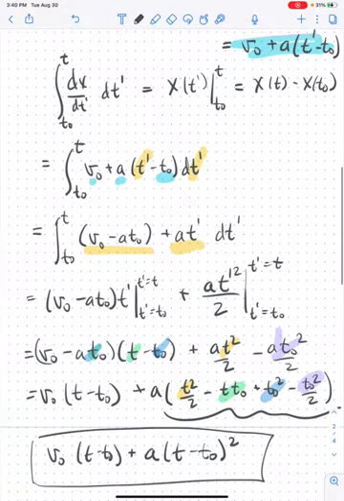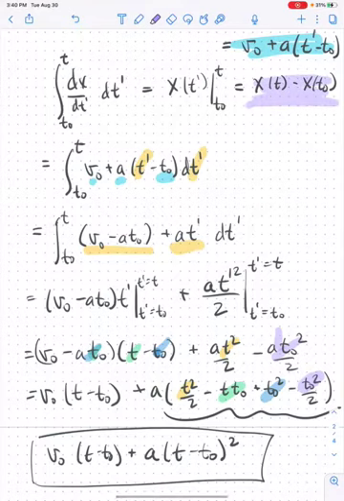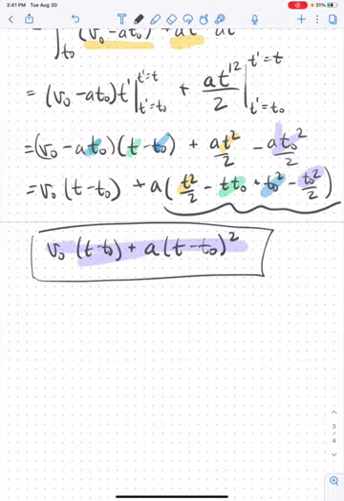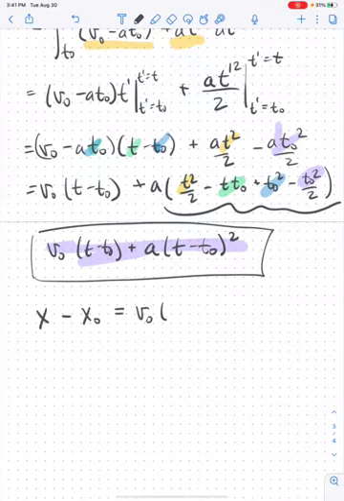The other side of our equation was up here, this x minus x naught. So let's put these two together, and we have our second kinematic equation, x minus x naught equals v naught times t minus t naught plus a times t minus t naught squared.